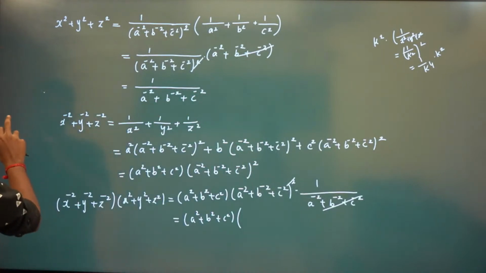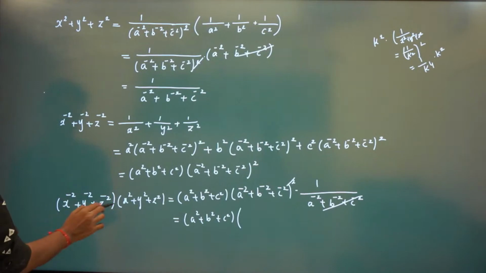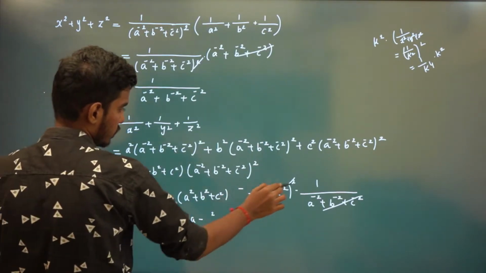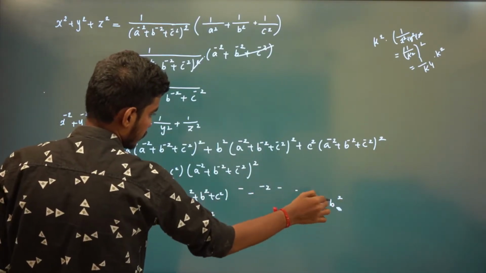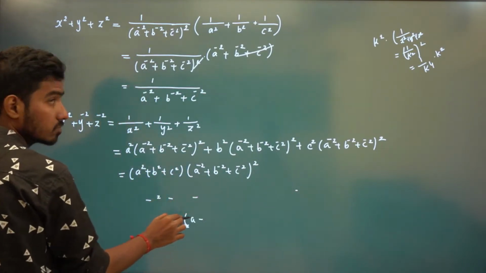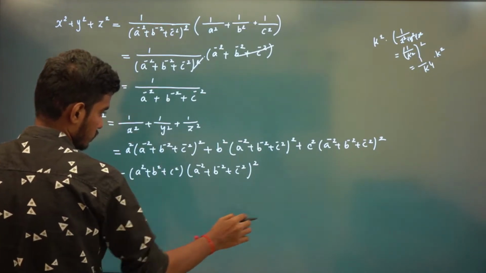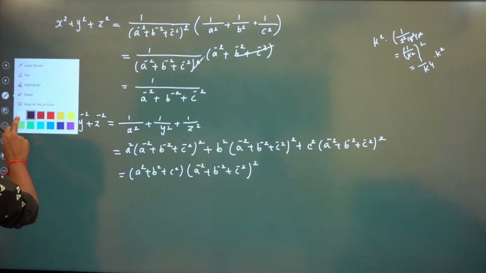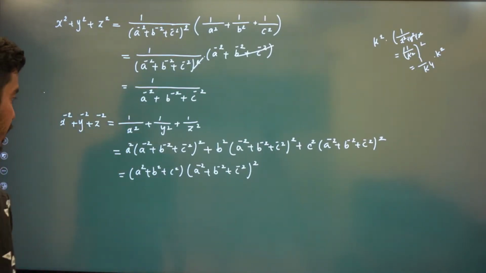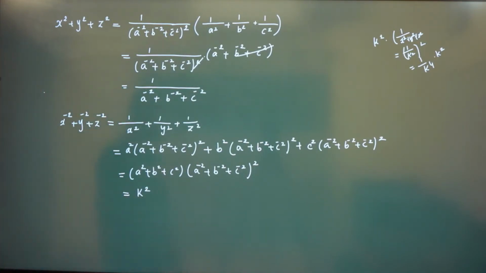See, what we can do is, instead of multiplying separately, as of now it is clear, right? Let us put this to be equal to k square, because we know the sum of squares of intercepts is k square, right?